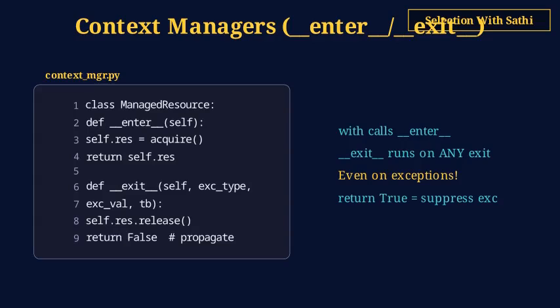When the with block ends, normally or due to an exception, Python calls __exit__. __exit__ receives the exception type, value, and traceback. If it returns true, the exception is suppressed. Otherwise it propagates. This pattern guarantees cleanup, closing files, releasing locks, ending transactions.